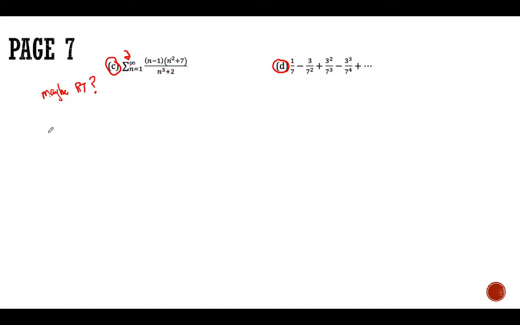So let me refresh you on the ratio test. The ratio test means you have to run a limit as the terms go off to infinity of the absolute value of a ratio, and if that ratio is less than 1, you get converging. If that ratio is greater than 1, you get diverging. If that ratio is equal to 1, the ratio test is inconclusive and you have to go find another test.